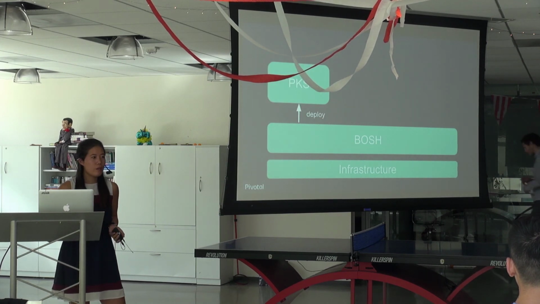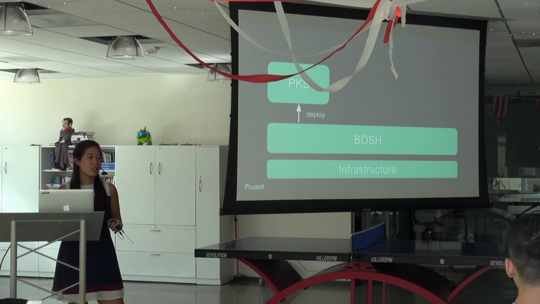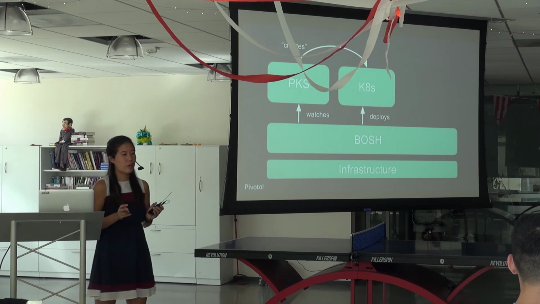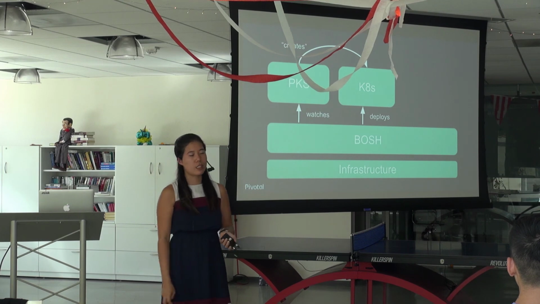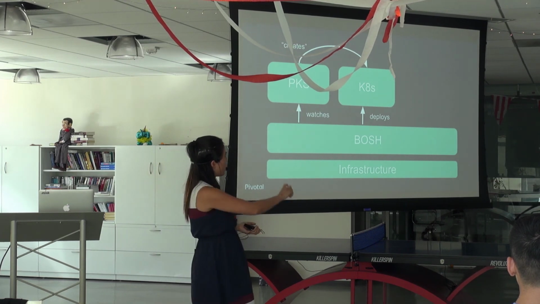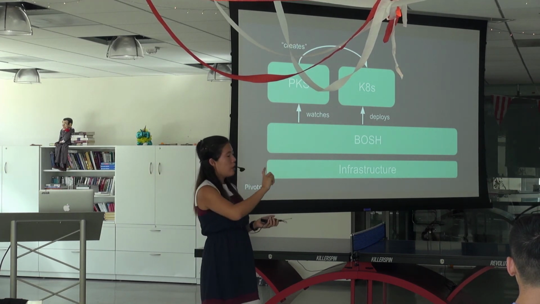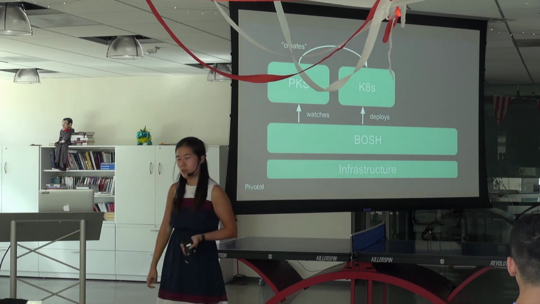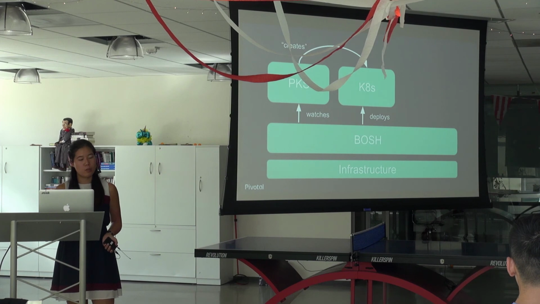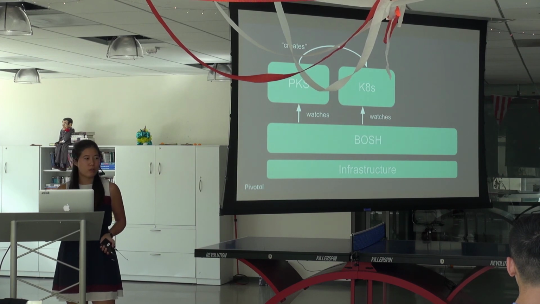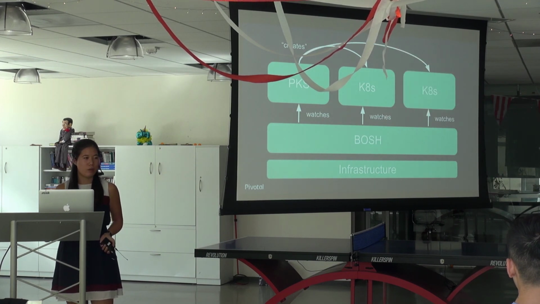It will then deploy PKS, and BOSH will watch it. From there, you'll interact with the PKS VM to create a Kubernetes cluster. What is actually happening under the hood is that when you tell PKS you want to create a Kubernetes cluster, it has BOSH deploy that cluster. And then BOSH will watch it again. And you'll do it for multiple clusters.